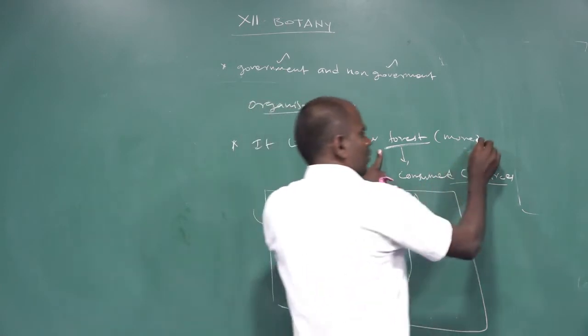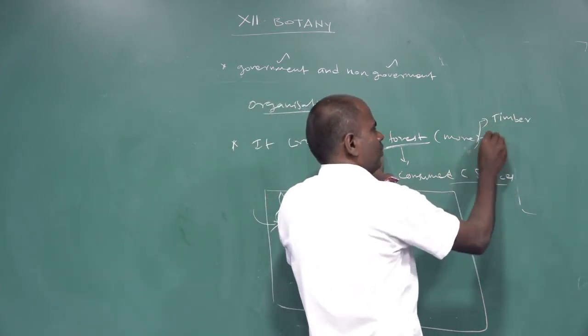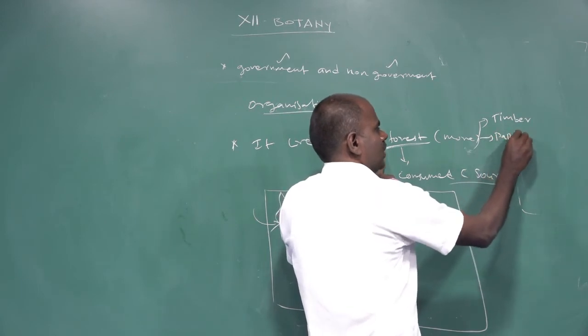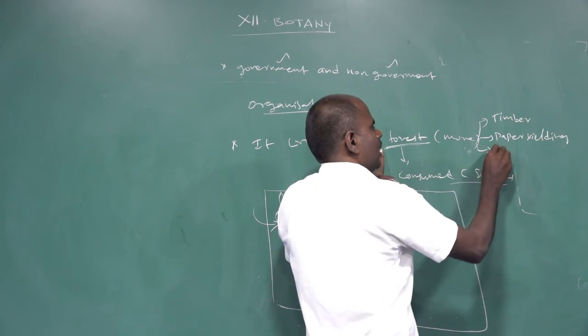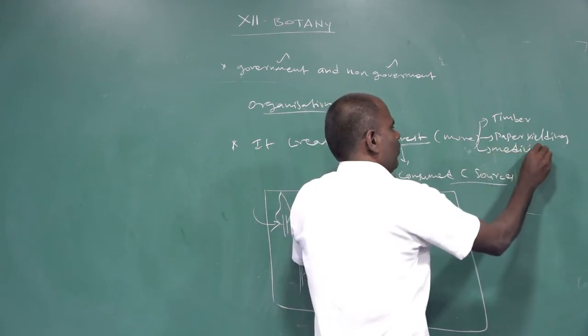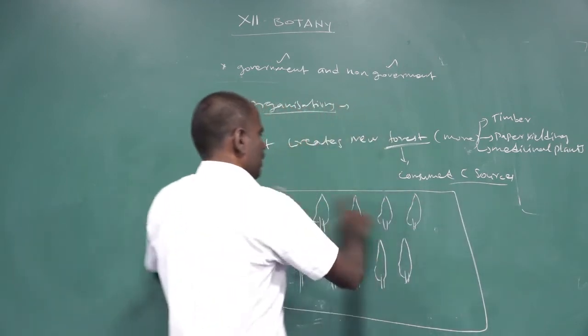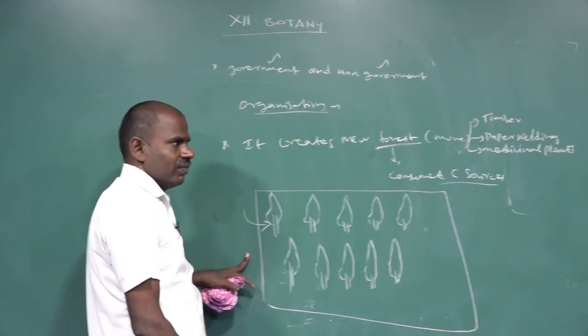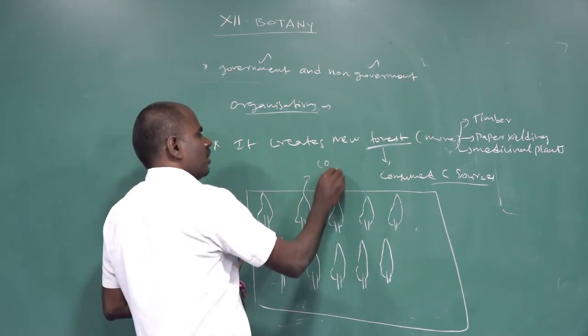The forest is cultivated with timber plants, paper yielding plants, and medicinal plants in non-forest areas. It consumes carbon dioxide from the atmosphere.